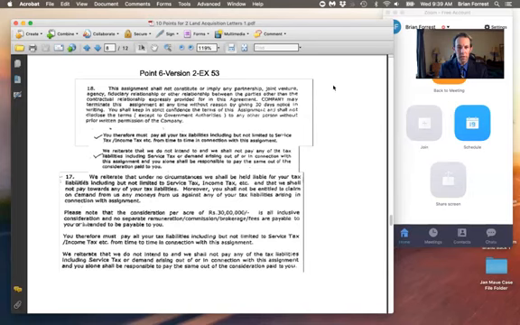As you can see, 18 starts out with its clause, 1 paragraph, and the last two paragraphs of clause 17 are added. And as you can see, clause 17 on the bottom here, the last 2 paragraphs are the same as clause 18.